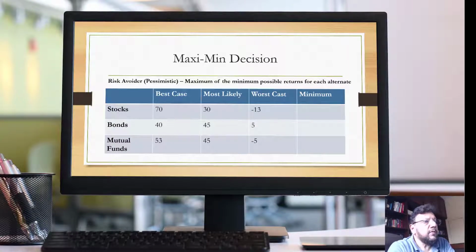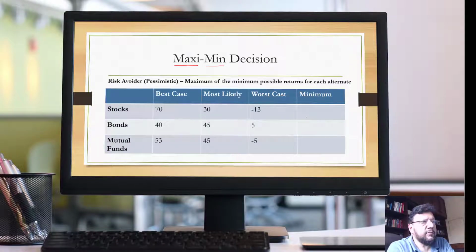Okay. Now we're going to look at the pessimistic way of reaching this decision. In a pessimistic scenario, what you want to avoid is running into a loss. So here, if you look at the way it's set up, it's called a Maxi-Min. So what we want to do is look at all the minimum possible returns that we can get in each situation.